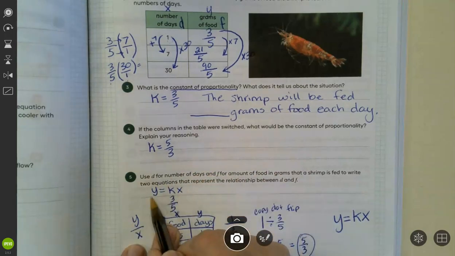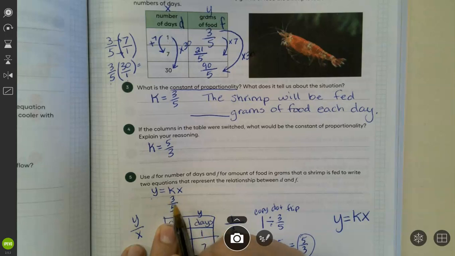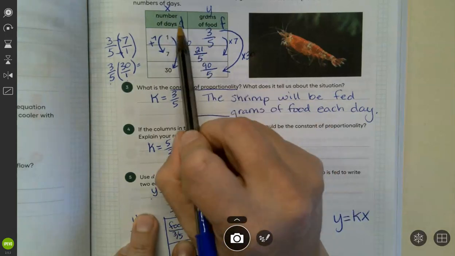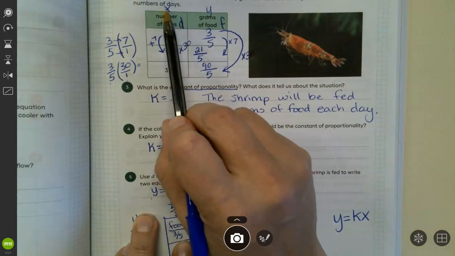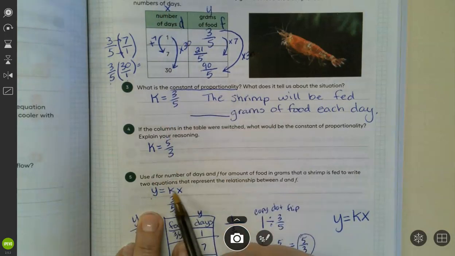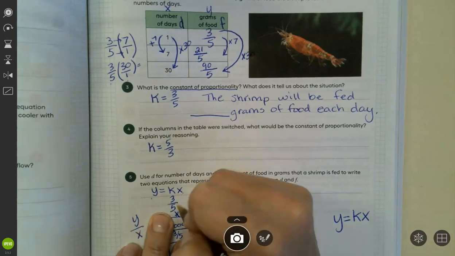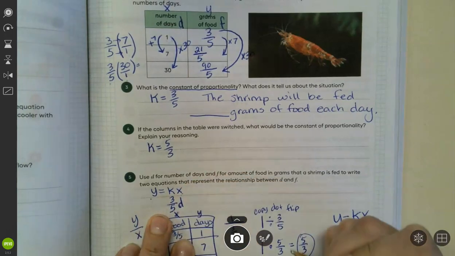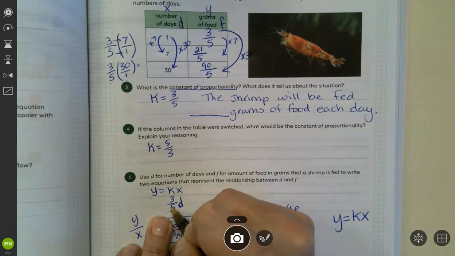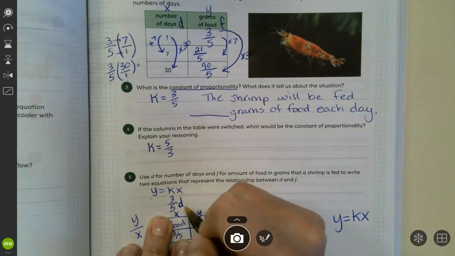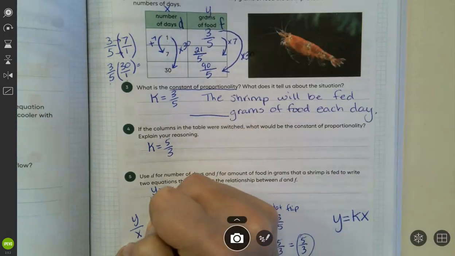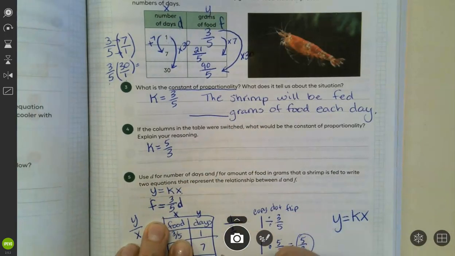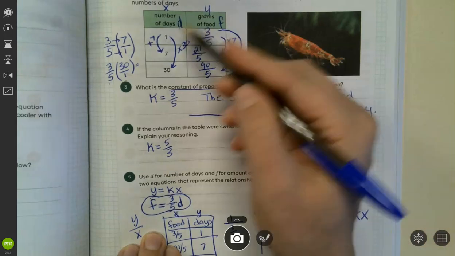I can't use X and Y. I have to use the D and the F. So I'm going to look back at my table. D was in the X column, so I'm going to go back to my equation, and where X is, I'm going to write D in that spot instead. So it's going to be right after that constant of proportionality. So we have 3/5 D. That means that F is with the Y, so I'm going to bring F over in front of my equal sign. So there's the equation for our first table.